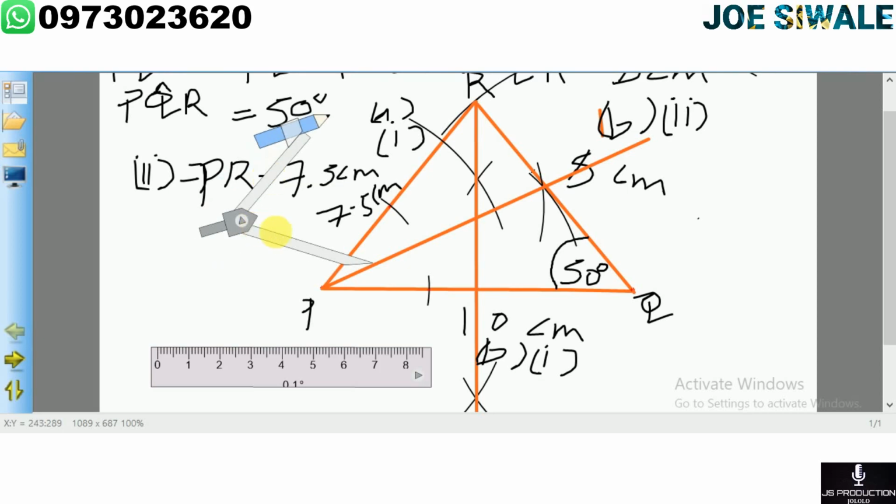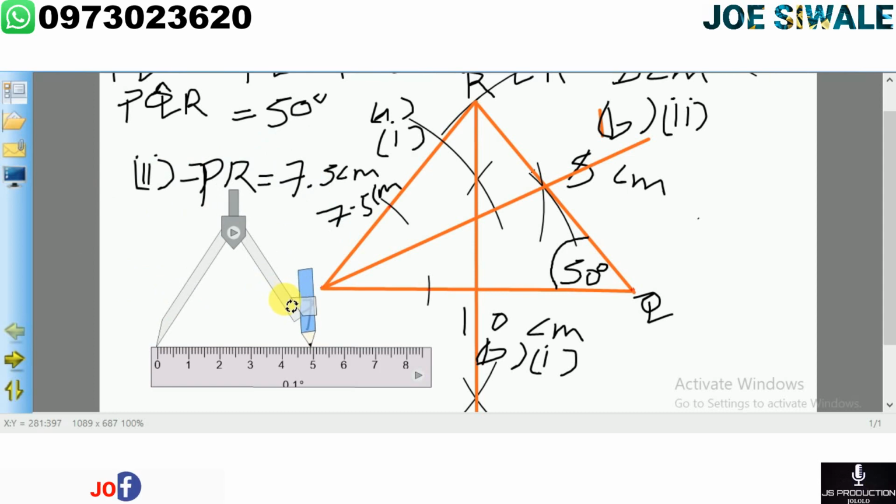Then I'm supposed to measure 5 centimeters on the meter rule. So this is 5 centimeters.